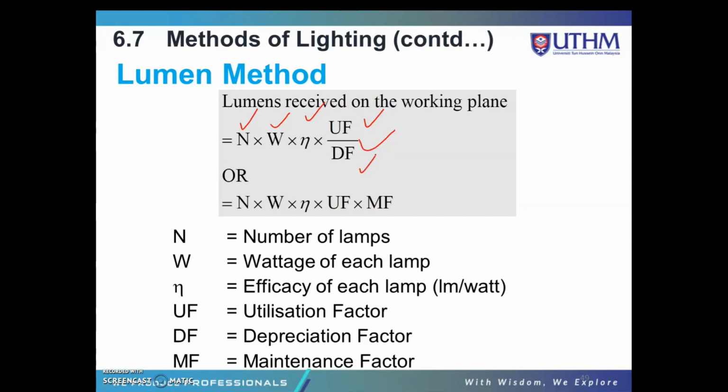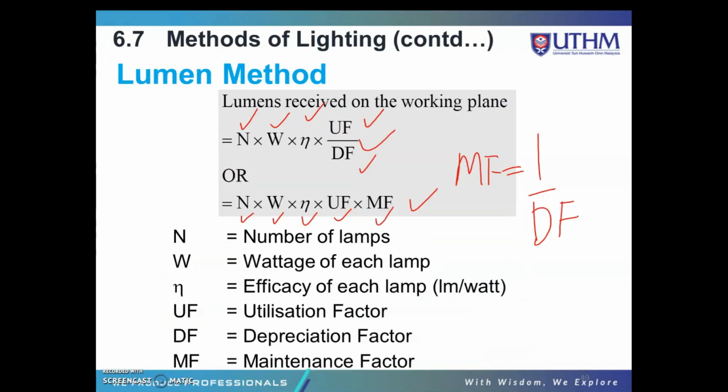Or you can use the second equation, which is the number of lamps times the wattage of each lamp times the efficacy of the lamp times the utilization factor times the maintenance factor, where the maintenance factor is 1 over the depreciation factor.